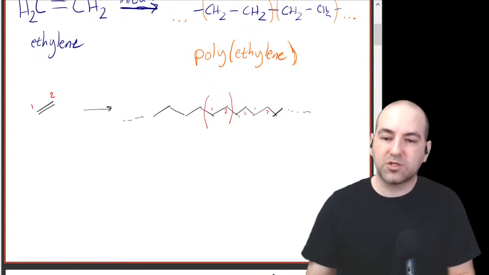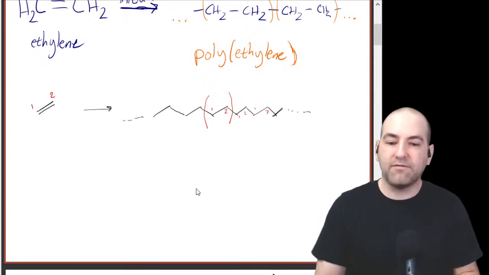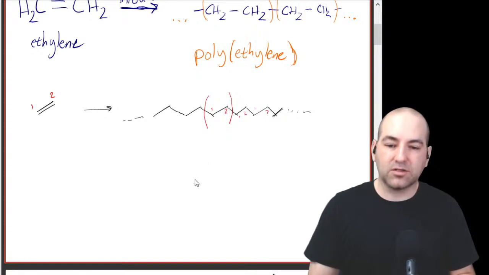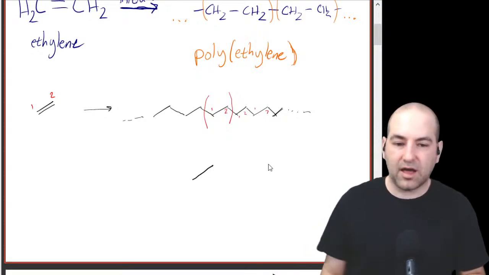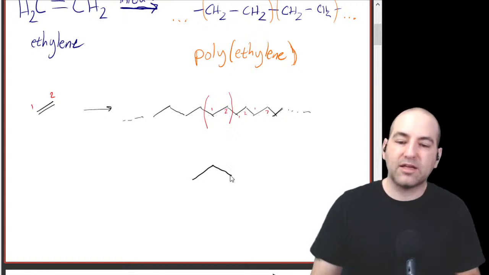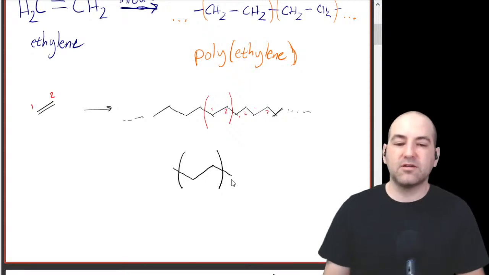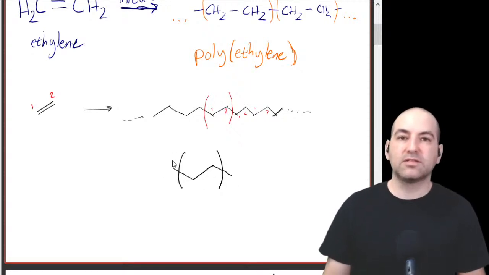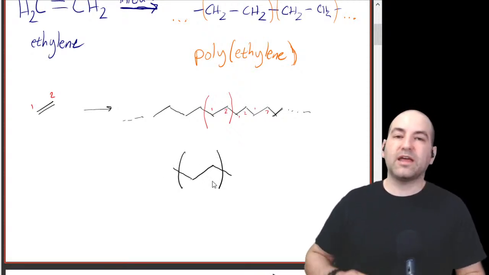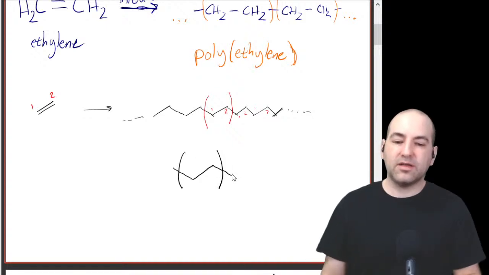Another way to express this, in the way that you'll see it most often, is just that part. So we take the monomer, which in this case in a line structure is just a line like that. Then we draw it connecting kind of to the outside with parentheses, and the parentheses go through the bond. So we're not saying there's extra atoms here on the ends of these bonds. We're just saying that's showing that the end of this one is meant to connect to the beginning again of the next one.